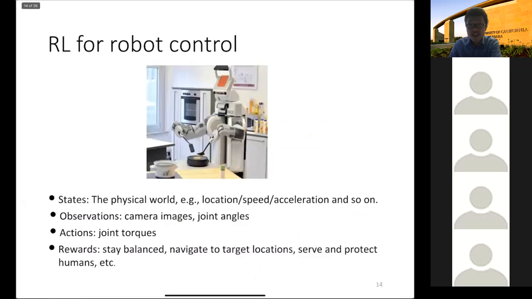Okay, so a couple of examples of how we instantiate these state, action, observations and rewards into concrete problems. In reinforcement learning for robotic control, the states are going to be the variables that govern the physical world: location, speed, acceleration, the objects that you're interacting with, where it is, the angular velocity, and so on.